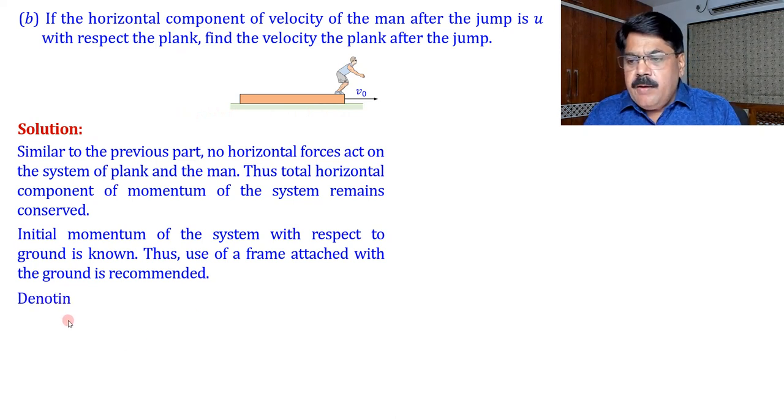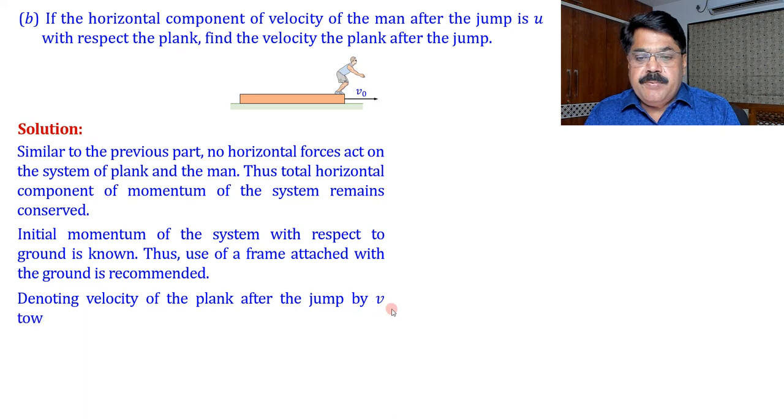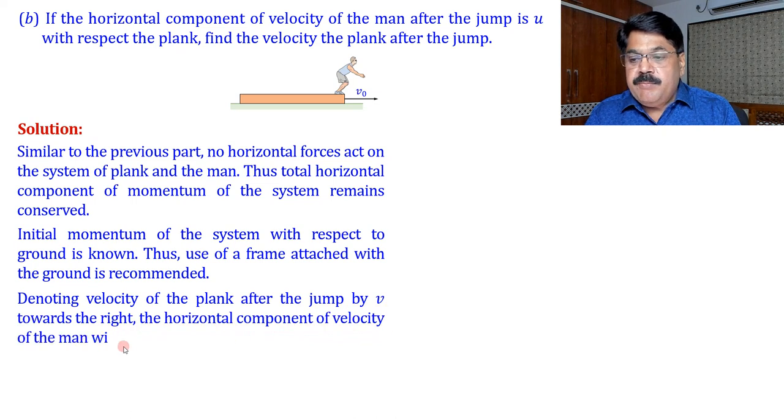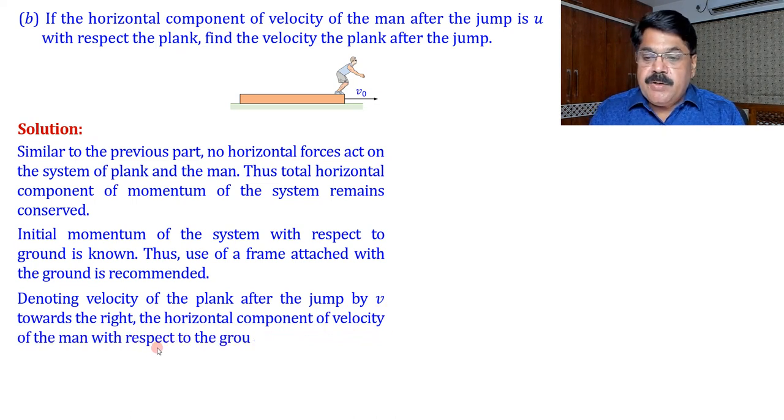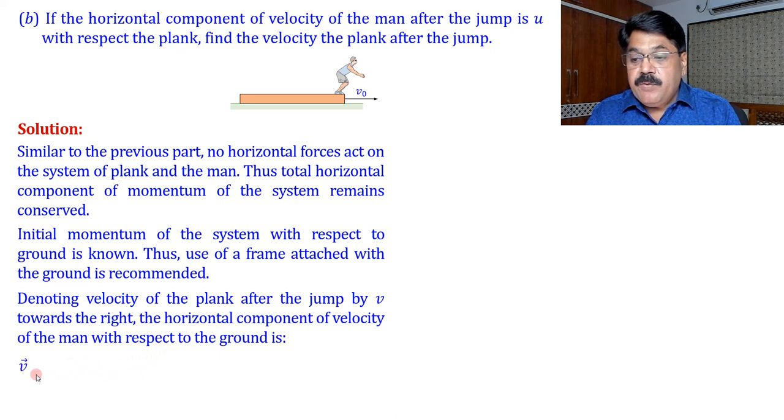Denoting the velocity of the plank after the jump by V towards the right, the horizontal component of velocity of the man with respect to the ground is, here we use the relative motion idea, V_m vector is equal to V_m with respect to plank vector plus V_p vector. Again, we are writing for the horizontal component only.